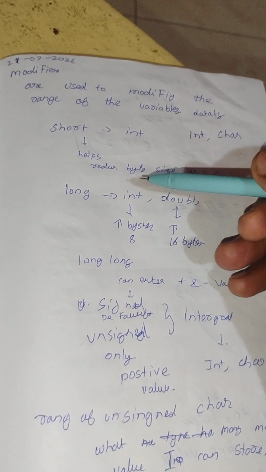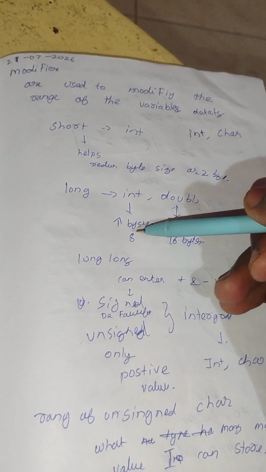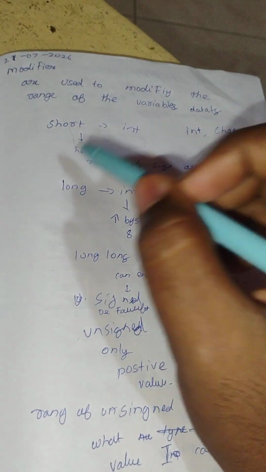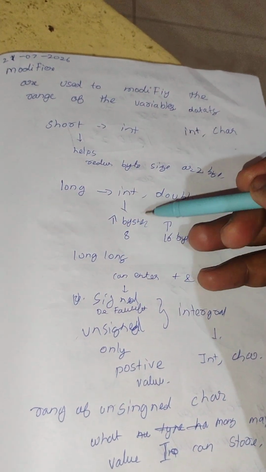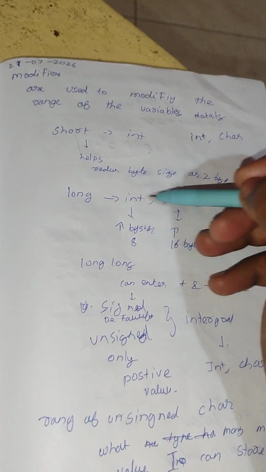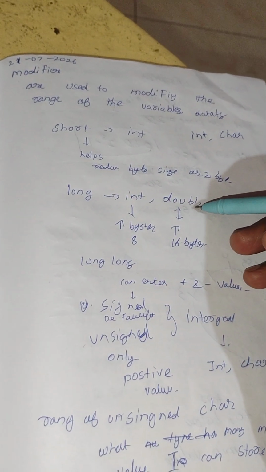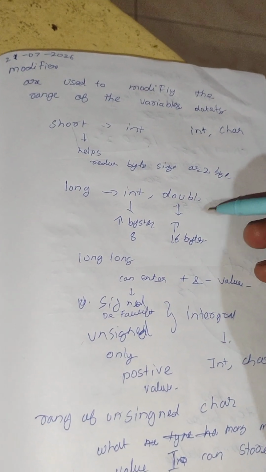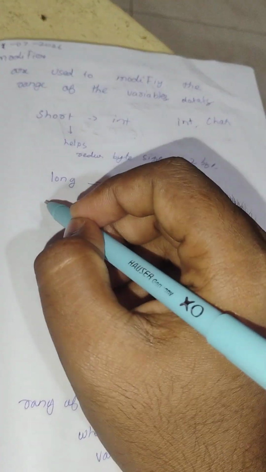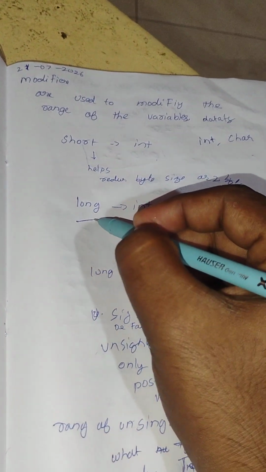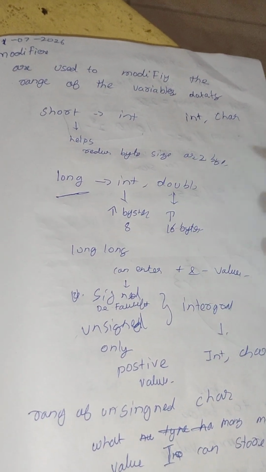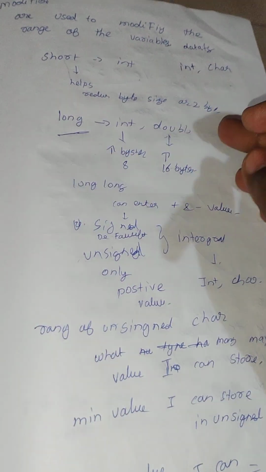With the help of long, we can increase the bytes from 4 to 8 bytes. Double can be increased from 8 to 16 bytes. So to increase the byte size, we can use long.